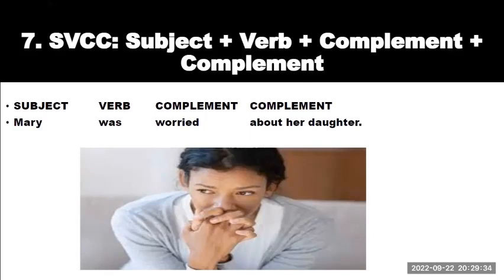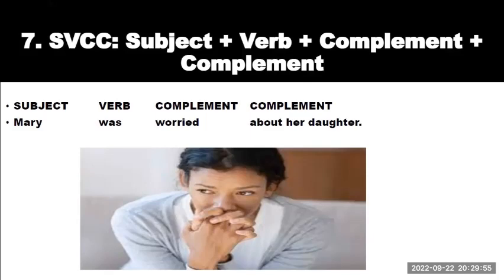And so this being an adjective needs another complement if another question arises. Okay? There are many reasons why people get worried. So if you say Mary was worried, someone might want to know why Mary was worried.